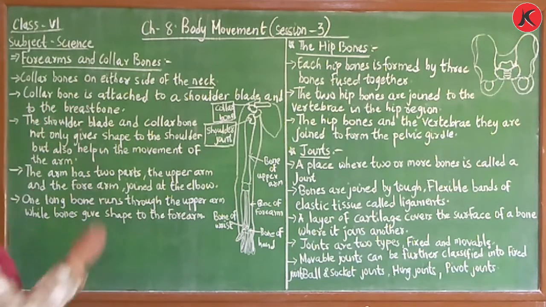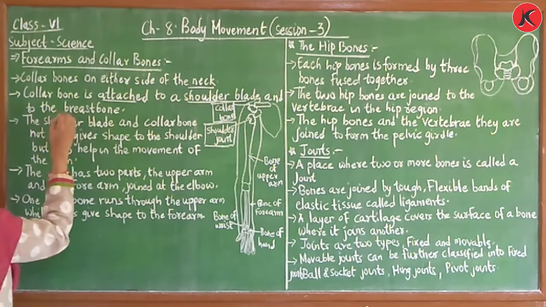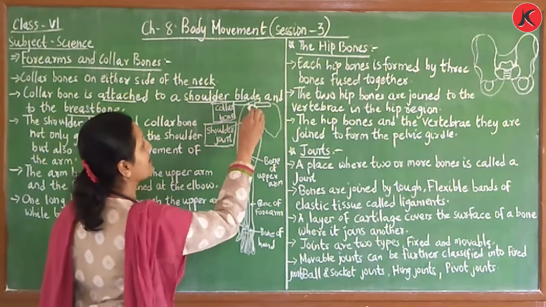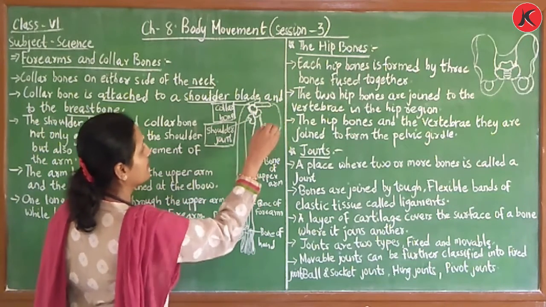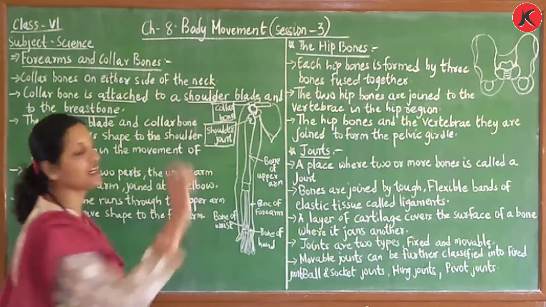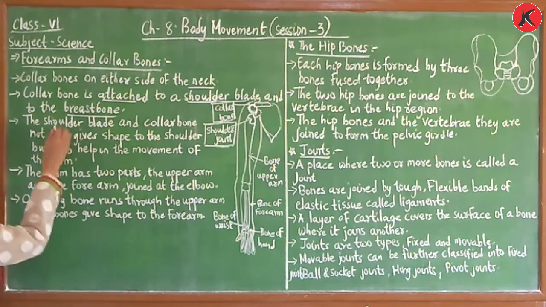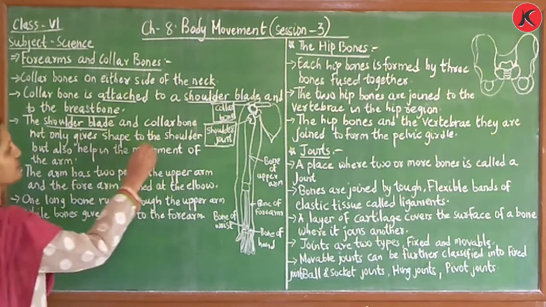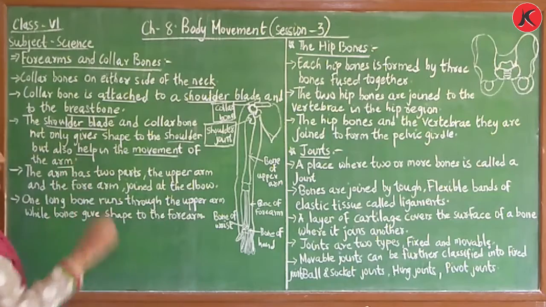The collar bone is attached to the shoulder blade and to the breast bone. Here, children, you can see this is the collar bone, here is our shoulder and this is our breast bone. So it is connected to the shoulder and the breast bone. The shoulder blade and collar bone not only give shape to the shoulder but also help in the movement of the arms.